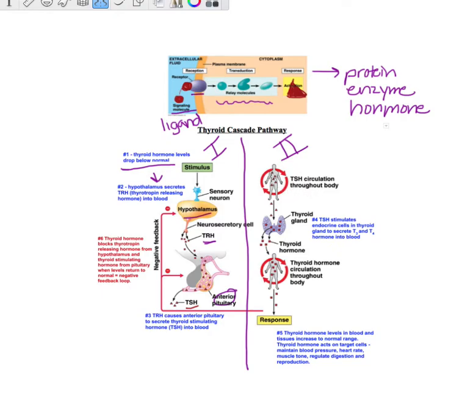You see the little triangles all circulating around the body. Eventually it'll find the thyroid gland, and it's in the thyroid gland where there are receptors in the membranes that will receive these little triangles. Now these little triangles are the ligand or the signaling molecules for the second transduction pathway.